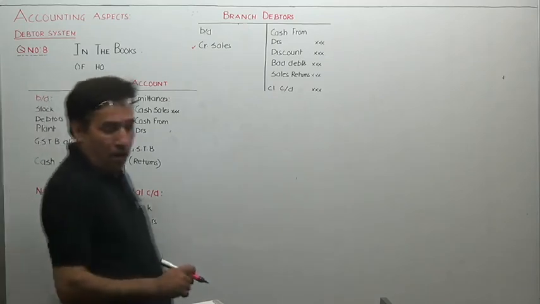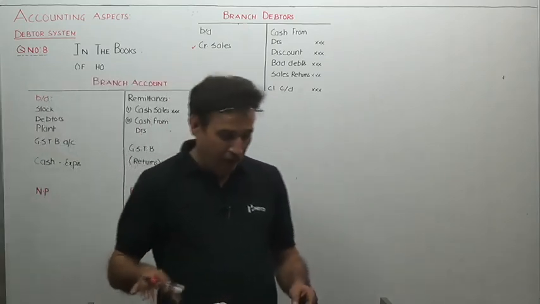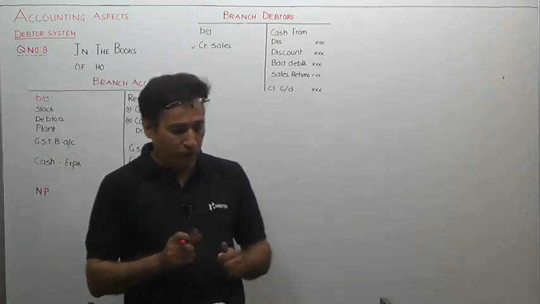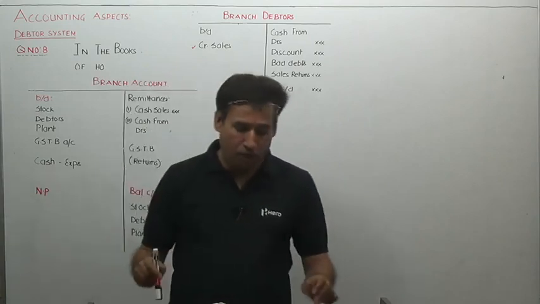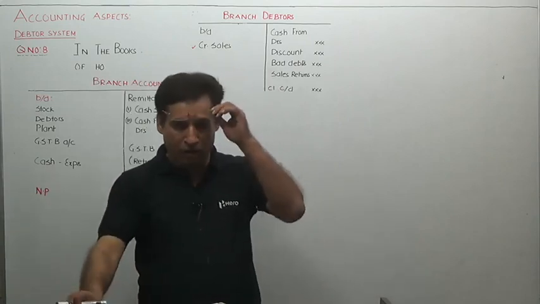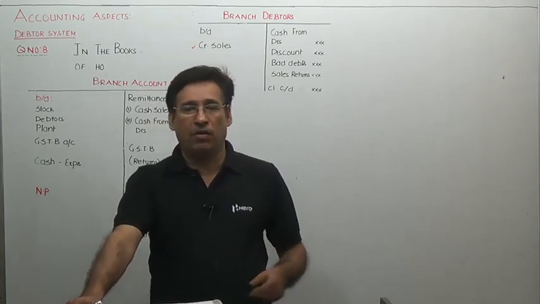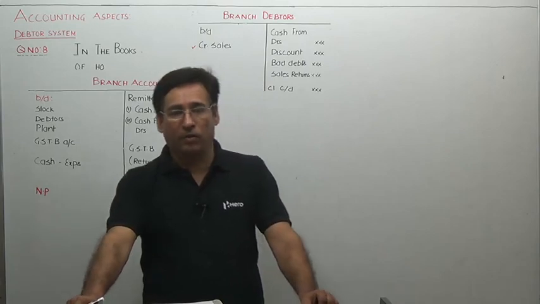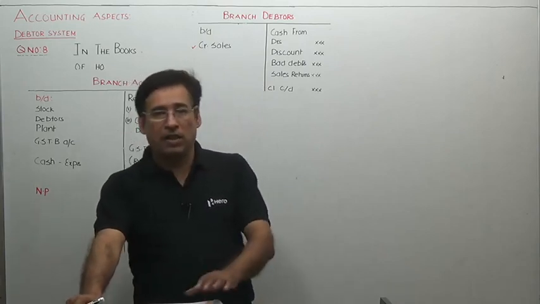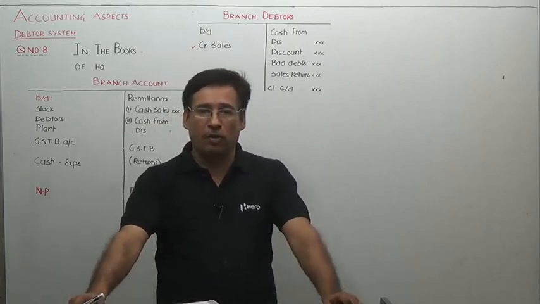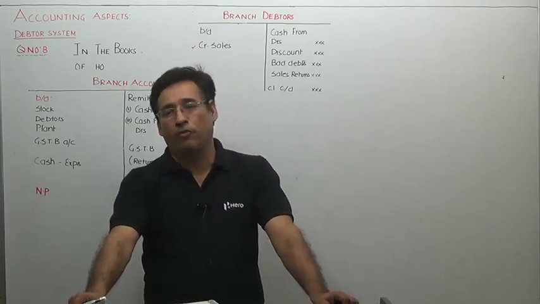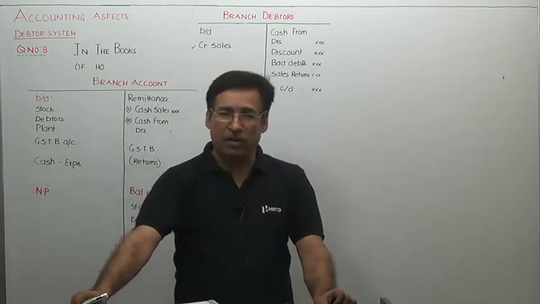The question states that from the following details, prepare a branch account in the books of head office. Please pay attention. The name of the method is not written. It is just written that we are supposed to prepare a branch account. If the question states that you should prepare only a branch account, it means you have to follow the branch debtors system. Is it clear?